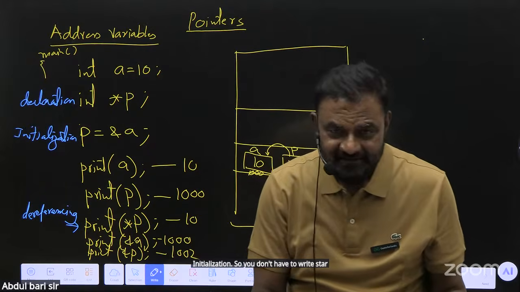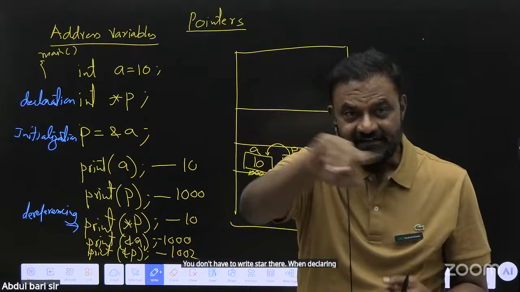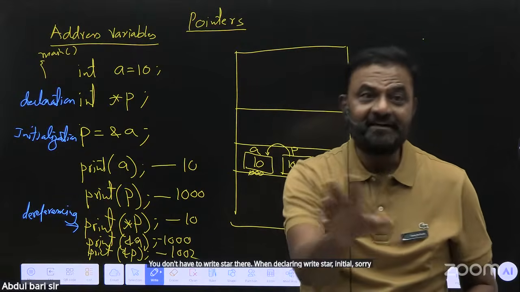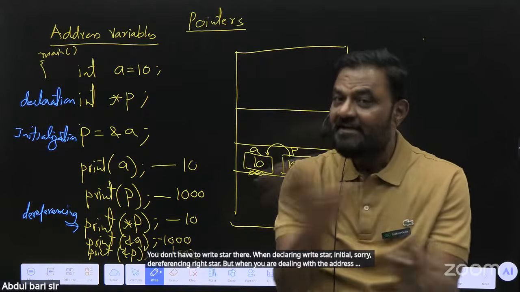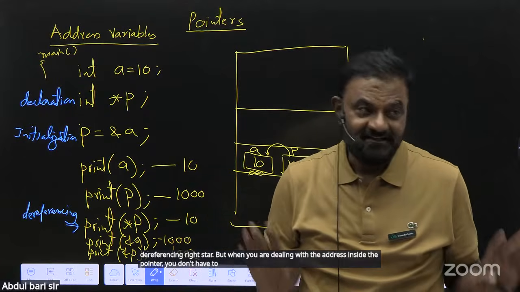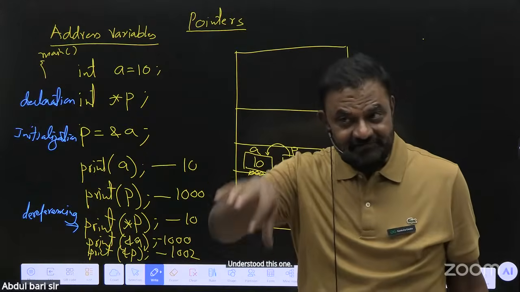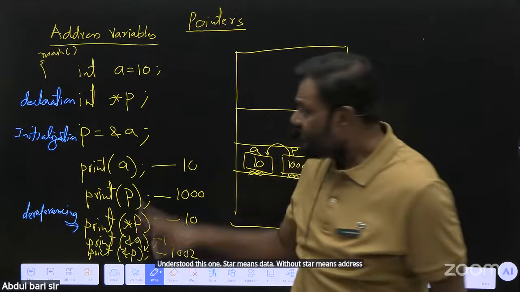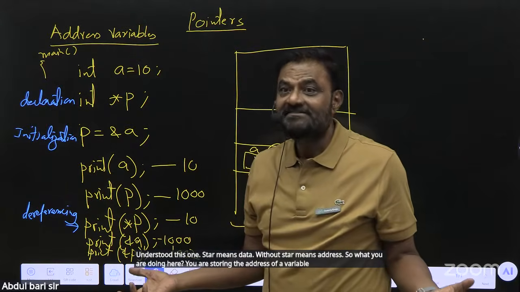When declaring, write star. Dereferencing, write star. But when you are dealing with the address inside the pointer, you don't have to write star there. Understood? Star means data, without star means address. What you are doing here is storing the address of a variable, so you don't have to write star.